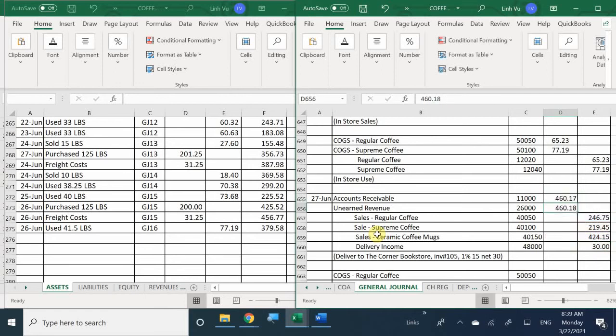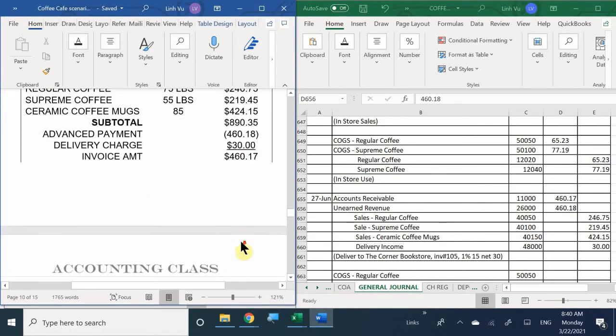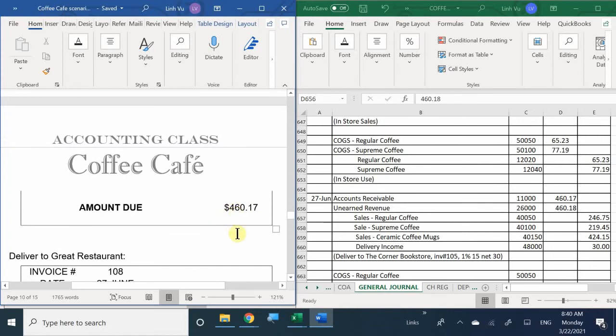So therefore, they owe us 460.17. And let's see if that says it on the scenario. They owe us amount due, invoice amount for 460.17. Due is 460.17. Okay.